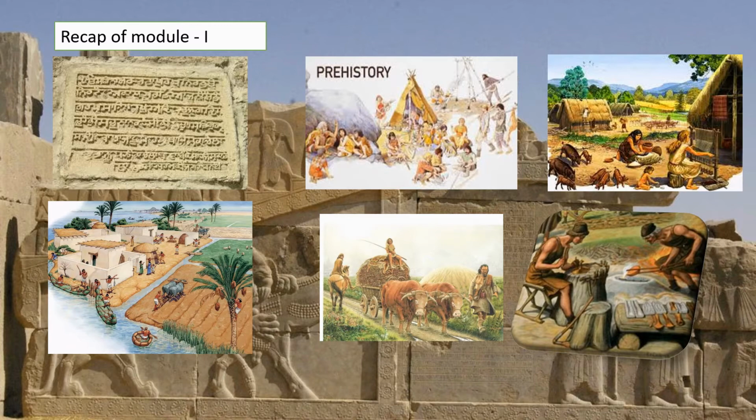Humans make pots, clothes, metal objects, etc. All these changes took place according to the material available in nature. All skills and traditions are inherited from generation to generation.